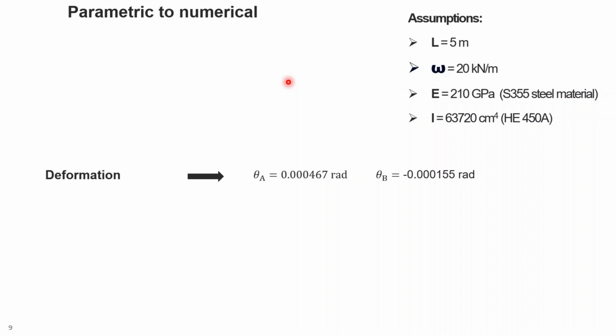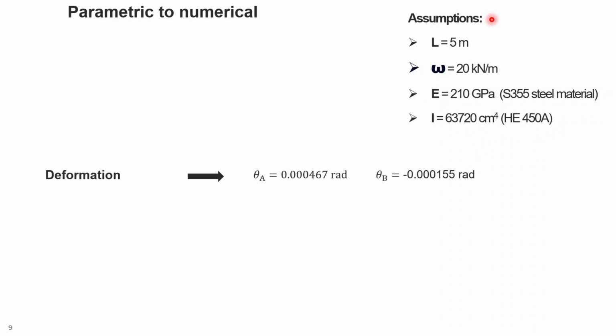Now we assume these values: L equal to 5 meter, omega 20 kilonewton per meter, the modulus of elasticity 210 gigapascal, representing S355 steel material grade, and the second moment of area is 63,720 centimeter to the power of 4, representing the HE 450A steel section.